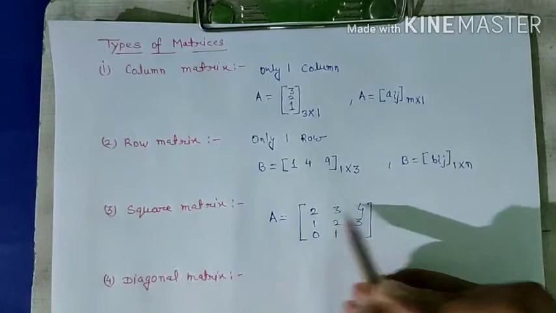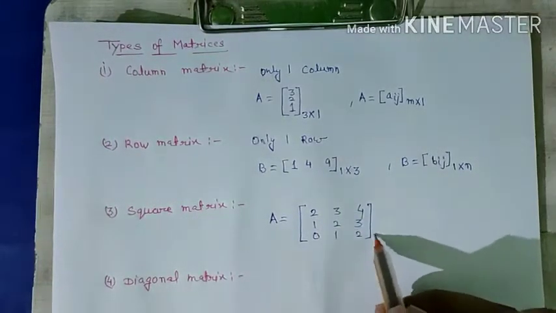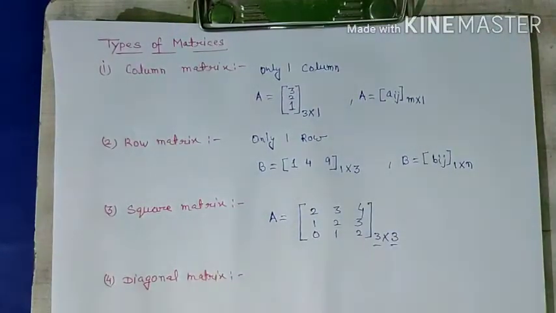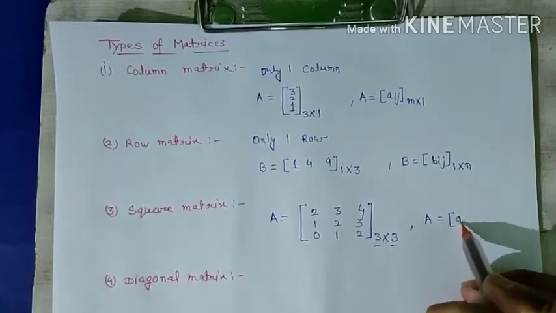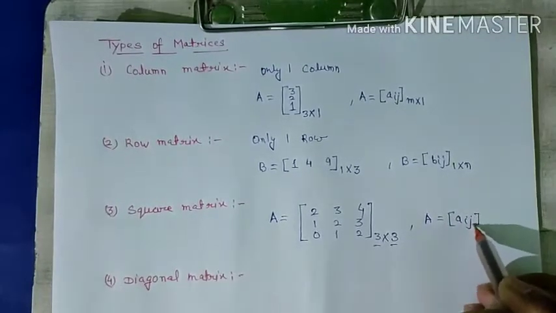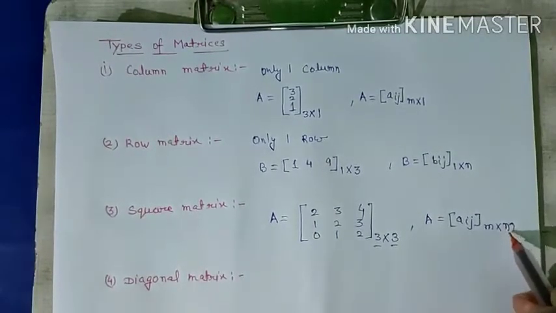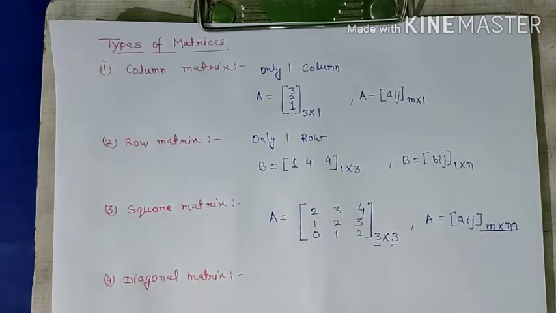You can see the order of this matrix is 3 rows and 3 columns, both are the same, so it is an example of a square matrix. We can write in general a_ij of order m by m, because I have taken a similar number of columns and rows.